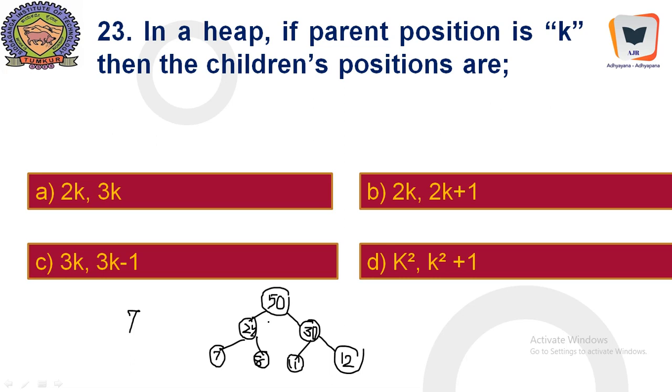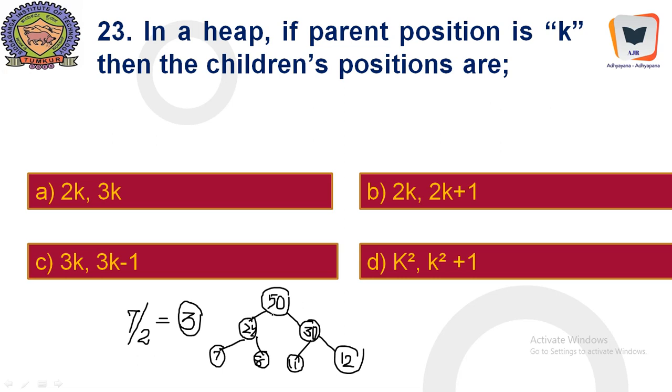There are 7 elements, and 7 by 2 integer division is equal to 3. So the first 3 elements are parents, and the remaining 7 minus 3, that is 4, are children.